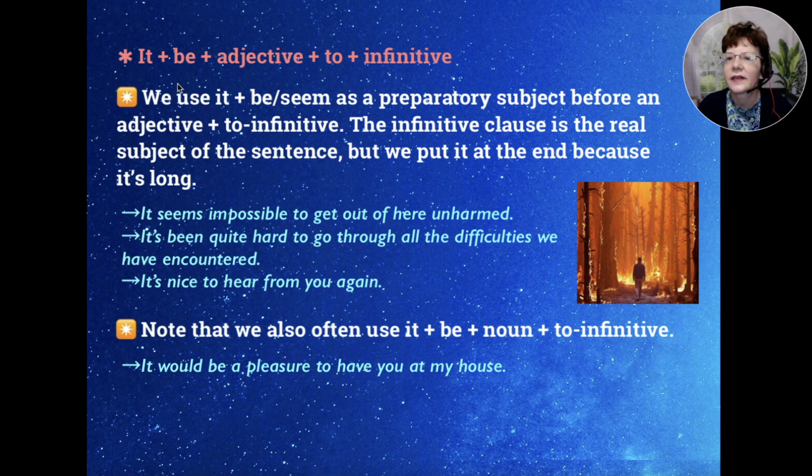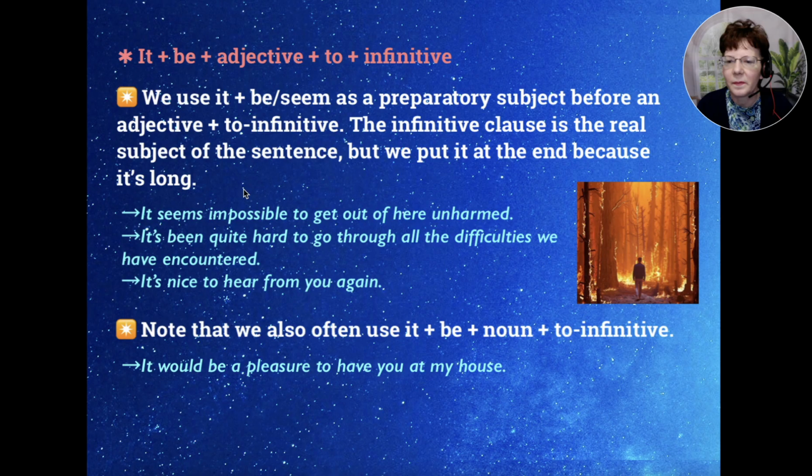All right, and then next is it plus be plus adjective, and then to infinitive. We use it plus be or seem as a preparatory subject before an adjective plus to infinitive. The infinitive clause is the real subject of the sentence, but we put it at the end because it's long.